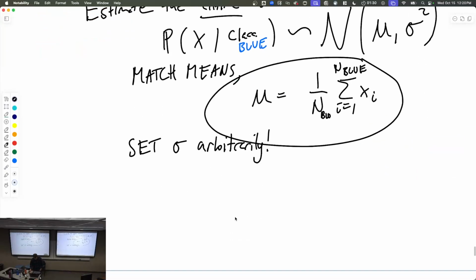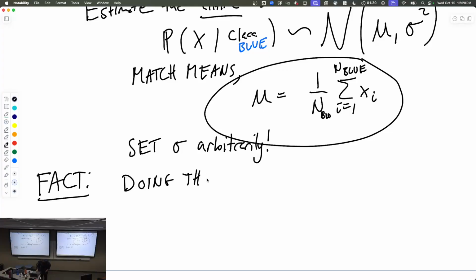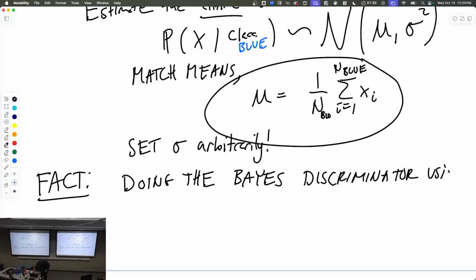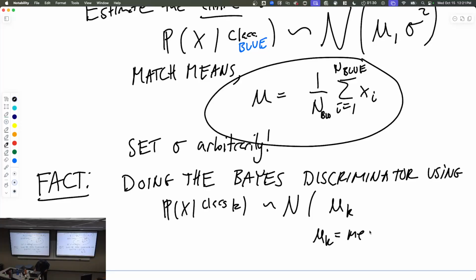Let's write this down. So here's a fact. Doing the Bayes discriminator, using the probability of x given the class. Let's say mu K equals the mean of class K, and the same sigma squared for all the classes.